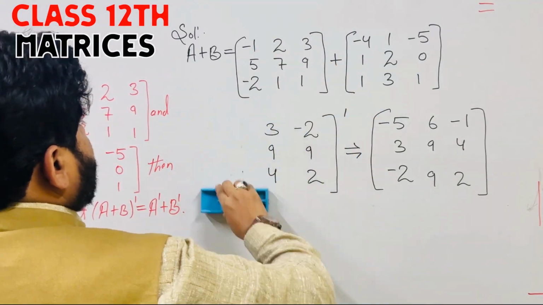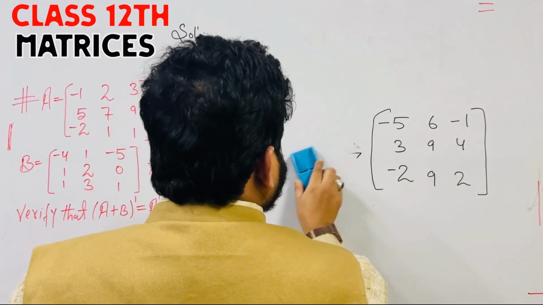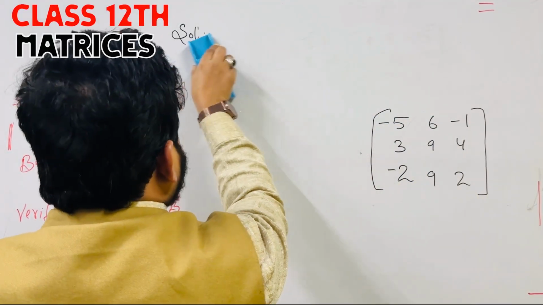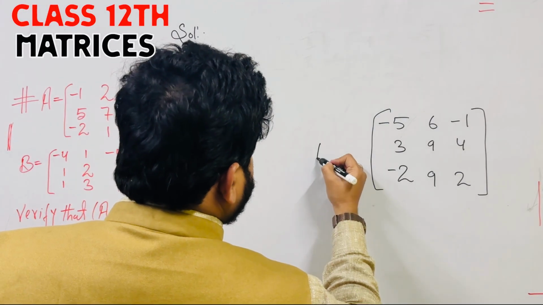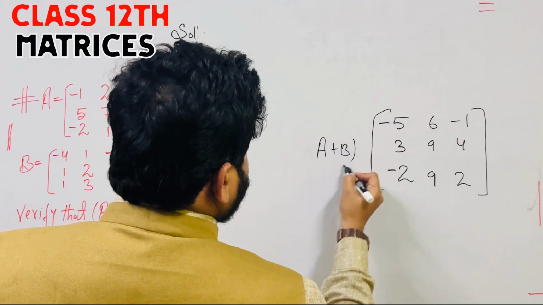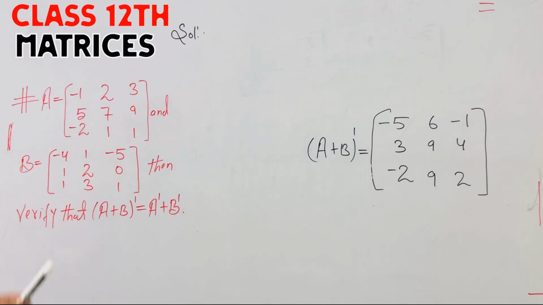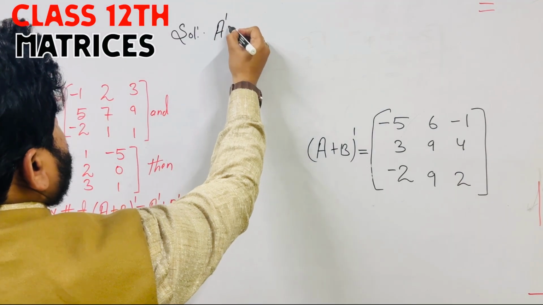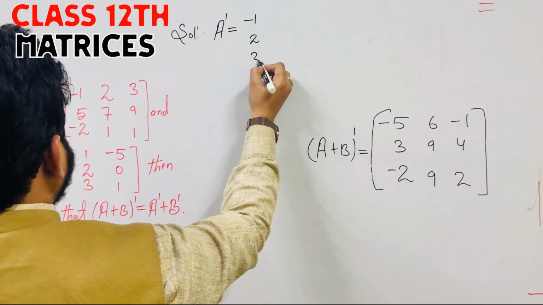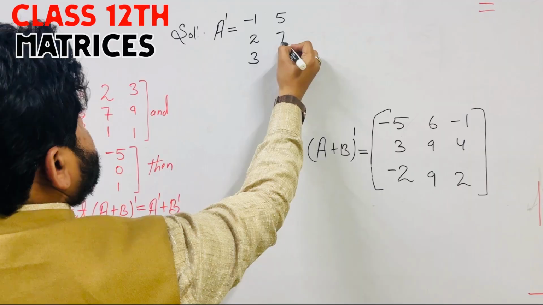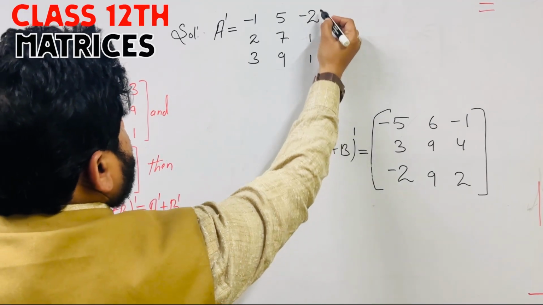Now the next part is this part, A plus B transpose is equal to this. Now the transpose of A is equal to minus 1, 2, 3, 5, 7, 9, minus 2, 1, 1.